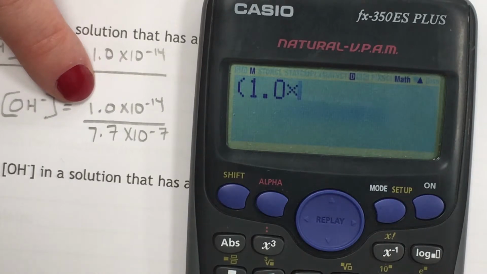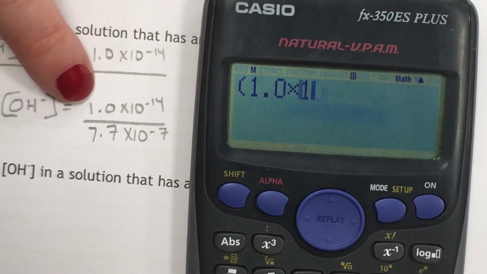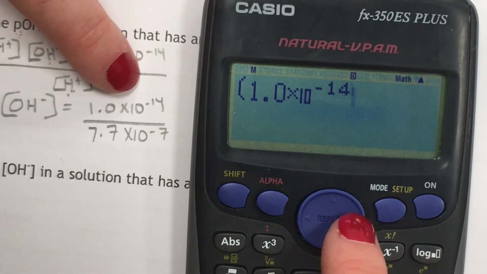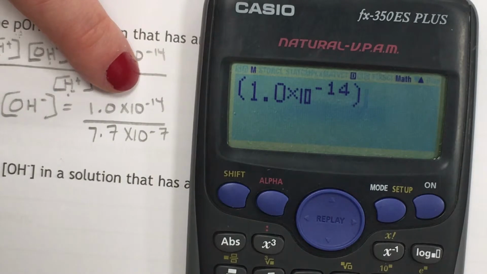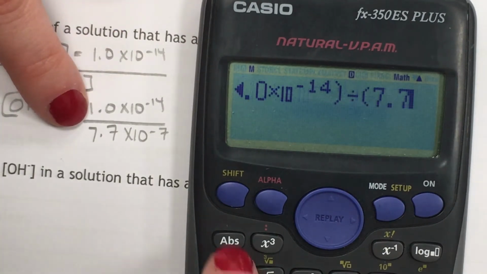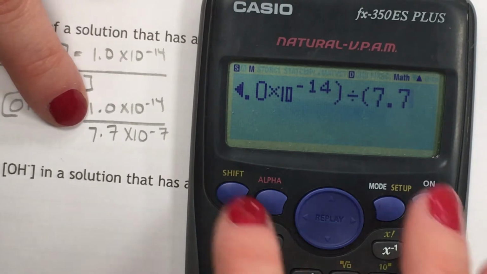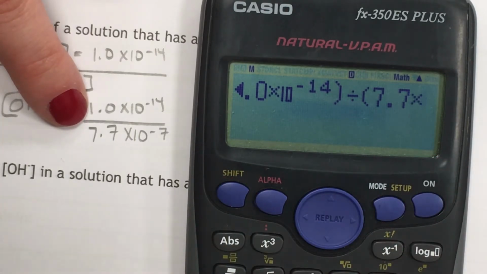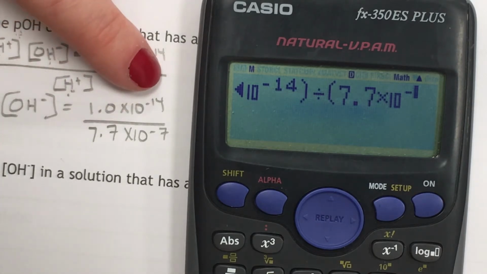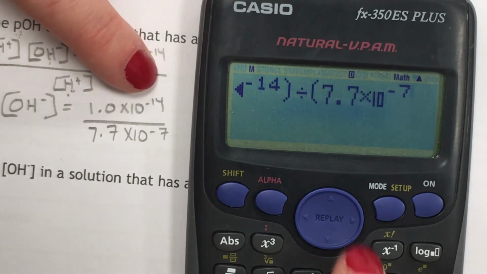1.0 times 10, oops, I forgot this is not the calculator. I need to do this. Times 10 to the negative 14 divided by 7.7 times 10 to the negative 7.